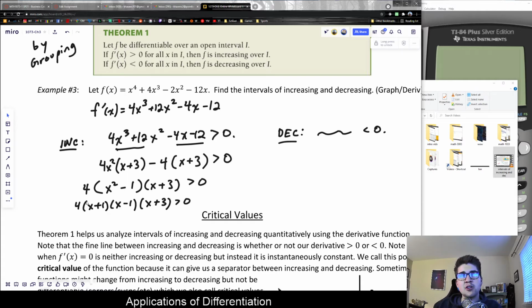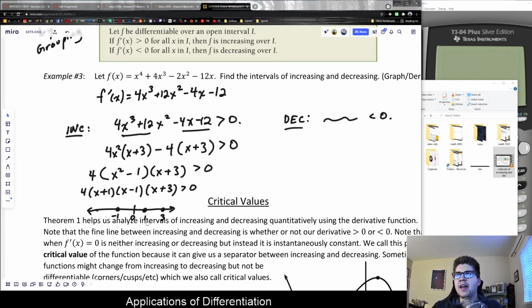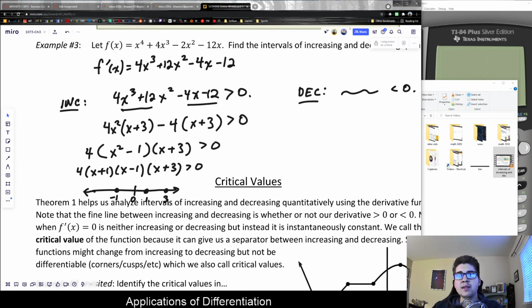The method of determining the answer algebraically from here is to take a number line and graph those 3 points, which are 1, 3, and -1, those 3 values that I just solved. Then in between those points, it will be increasing or decreasing based on the solutions of these equations.